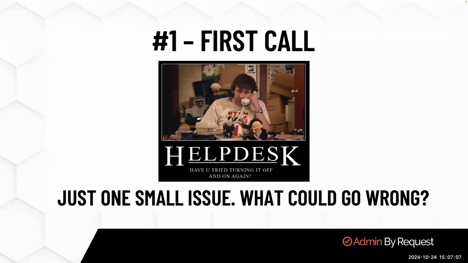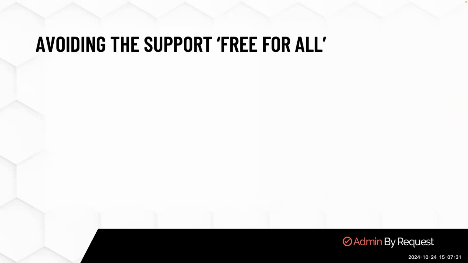I think the first part of a support interaction is really the first call. You're thinking, well, this is quite a straightforward thing. A user has a problem, the supporter needs to jump in and fix it. What can go wrong? Well, actually, quite a few things can go wrong.